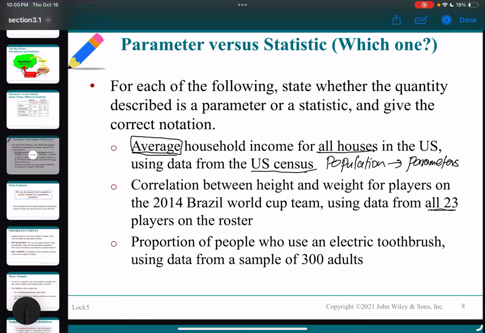So remember this: the population is always based on the scope of the study. Based on the scope of the study, we define the population. For example, if I need to know the correlation between height and weight of students in my class, that's all I need to know.